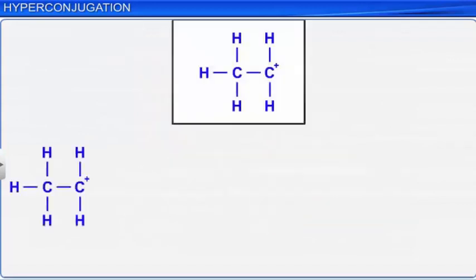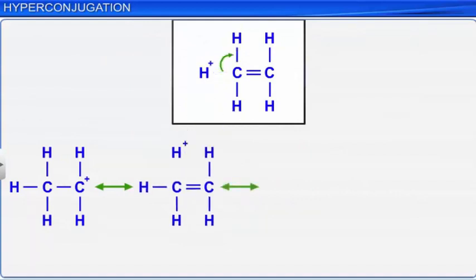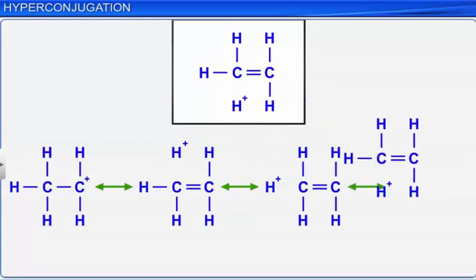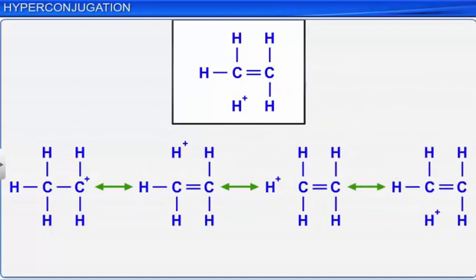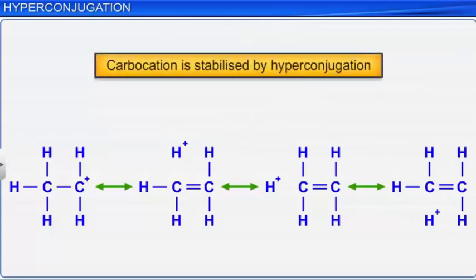In carbocations, this delocalization of electrons helps in dispersing the positive charge on the carbocation to the adjacent atoms and stabilizes it. Thus, the carbocation is stabilized by hyperconjugation.